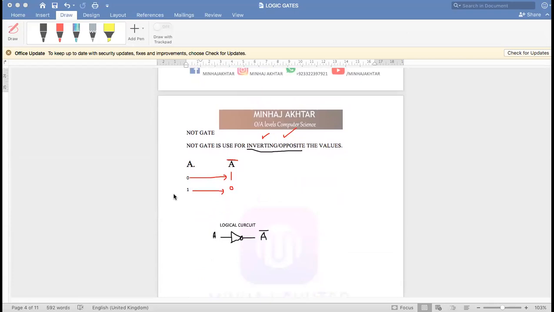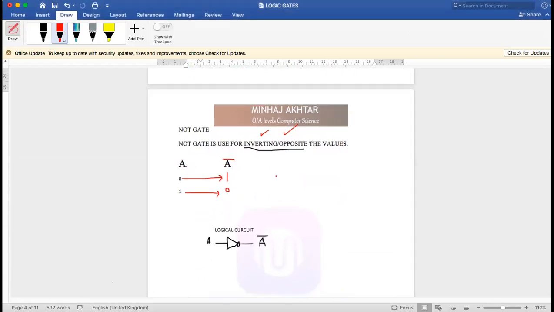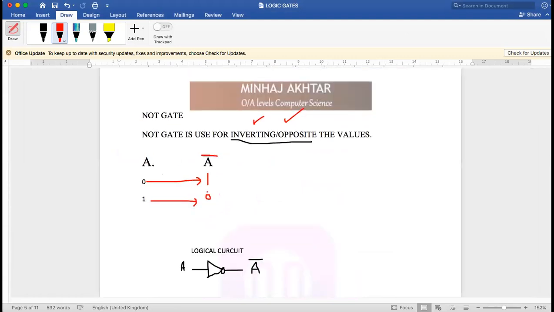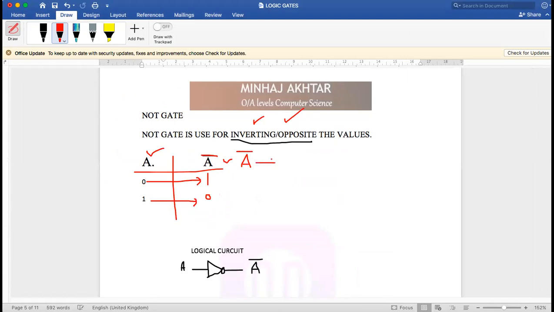Now the next logic gate is NOT gate. NOT gate is used to invert or opposite the values. Like in this gate, we have only one value, that is A. And the invert of A will be written in this form. We need to write down A and make a bar over it. Look, bar. So this means not A, right?